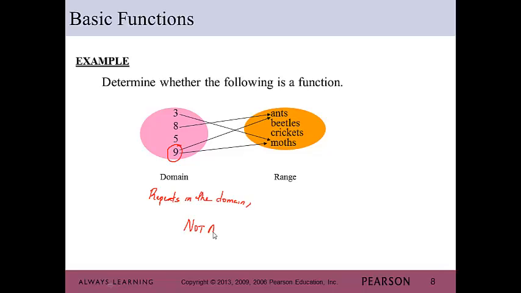Not a function. Each element in my domain must map to only one element in my range. 9 maps to ants as well to moths. Therefore, this is not a function.